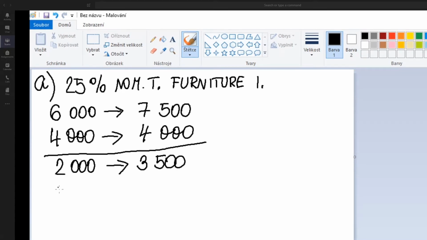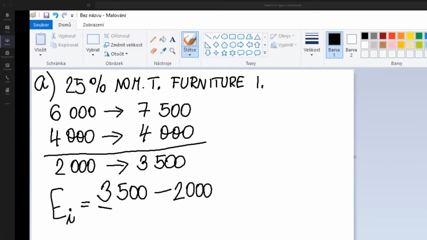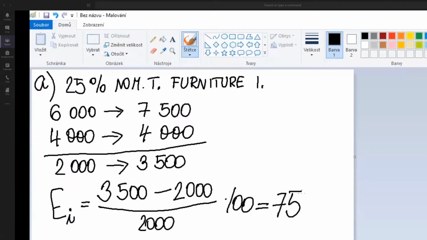So, let's go to the effective tariff protection rate. What's our formula? According to the formula, it's 3,500 minus 2,000 over 2,000 times 100. It is 75%.